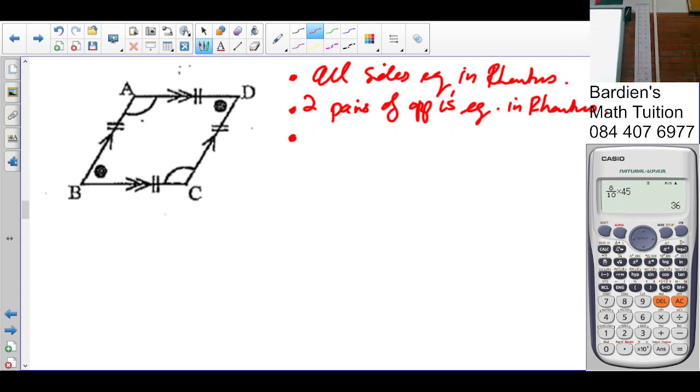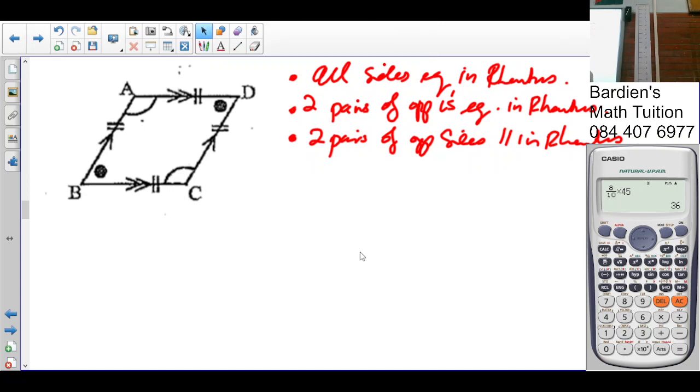Two pairs of opposite sides parallel in a rhombus. And that's it. So for a rhombus there are also 3 properties, and these 3 properties for a rhombus are the same 3 properties for a parallelogram. You all agree with that?